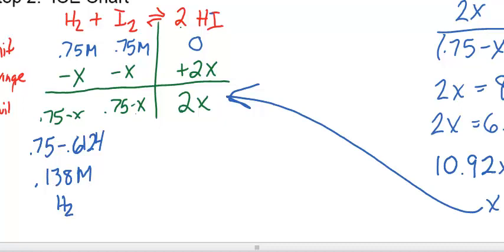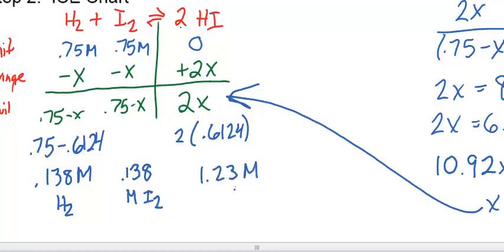We're going to get the same thing for our I2 because the x is the same, so that'll be 0.138 molarity of I2. And then for HI, it'll be 2 times x, so 2 times 0.6124, and that turns out to be about 1.23 molarity of HI. And that would be your answer.